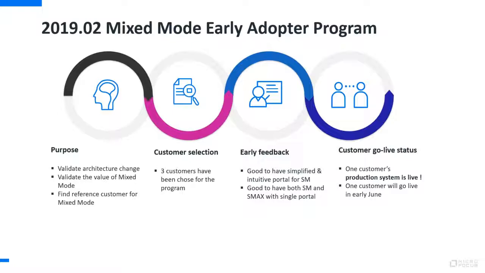Among those 3 customers, we already have 1 customer whose production system went online 2 weeks ago, and another early adopter customer will go live next week. That's really good, positive progress, and the feedback we've got from those early adopters is also very positive. In the Practitioner Forum scheduled for the 25th of June, we can share more detailed early adopter best practices in that session. So feel free to join and register for that specific session.